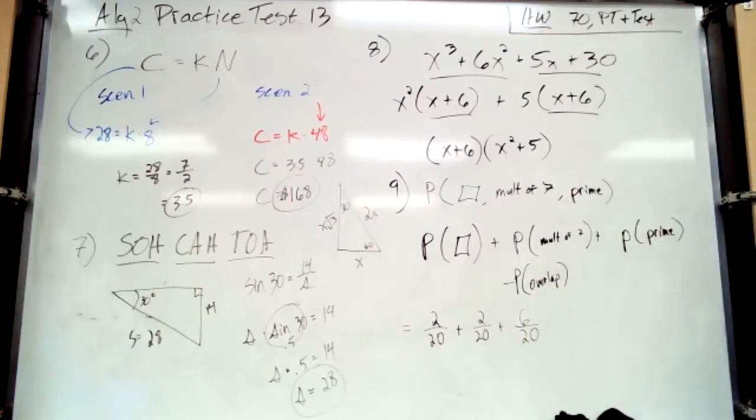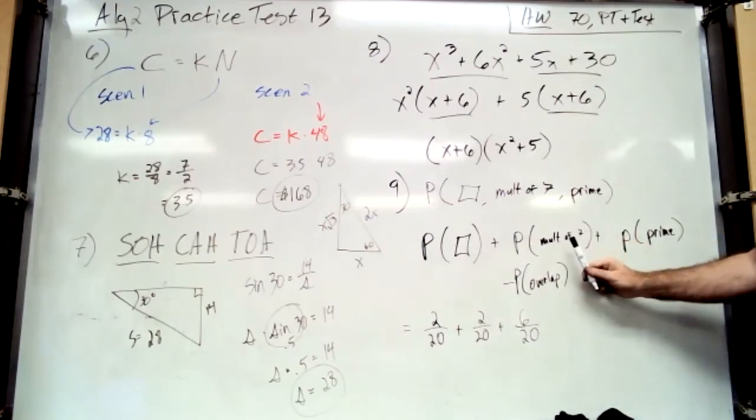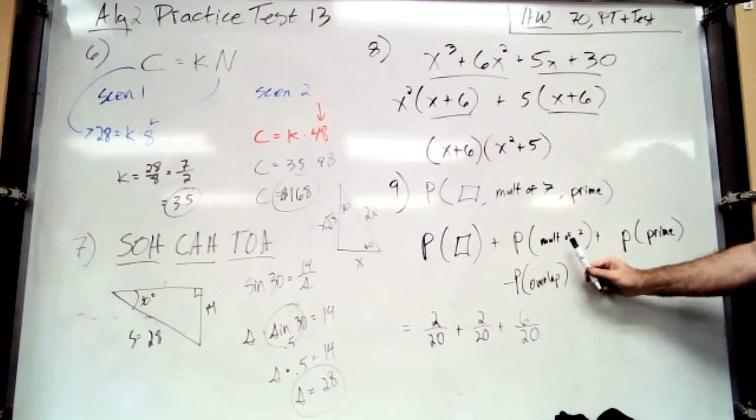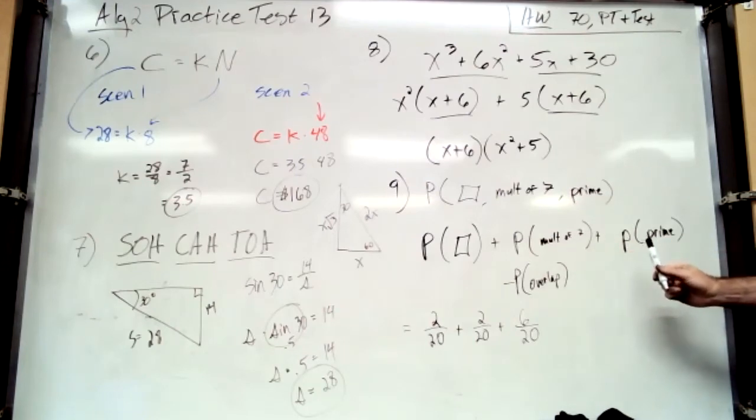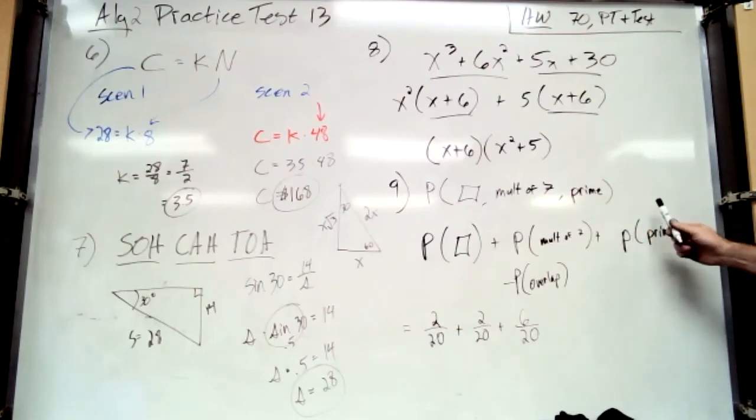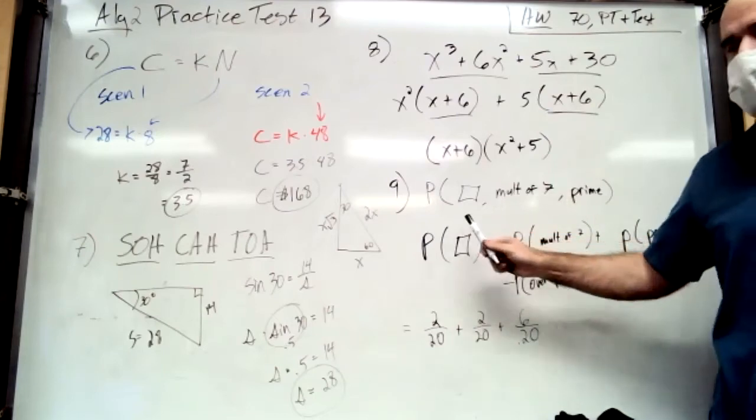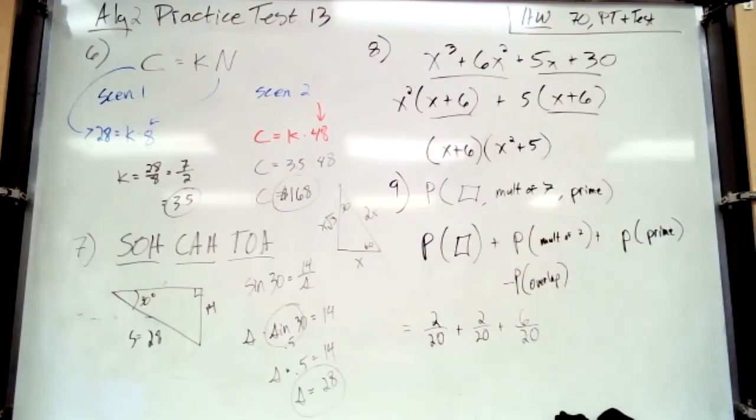Okay, now we can forget about the overlap of multiples of 7 and primes, because if it's a multiple of 7, unless it is 7, it's not prime, right? The 7 can go into it. So let's just look at the overlap of prime and square. Well, there's no overlap of prime and square. So now just the overlap of perfect squares and multiples of 7.